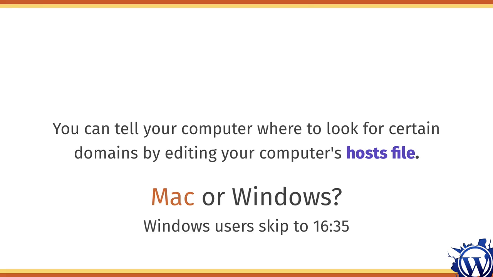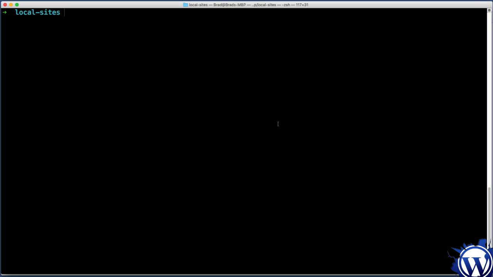To begin, jump back into your command line or the terminal and run sudo, and then a space, nano, N-A-N-O, and then a space, and then /etc/hosts, and then press enter.